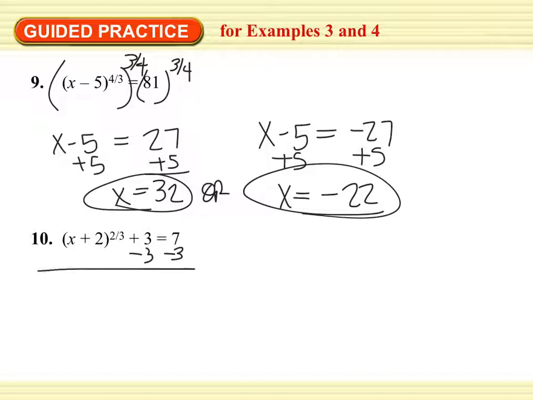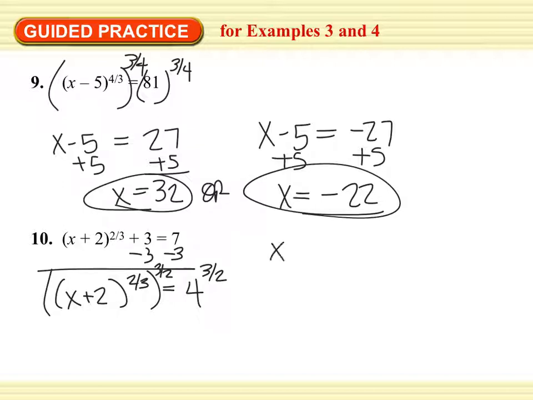Minus 3, x plus 2 to the 2/3 equals 4. This is an odd root, so I'm good to, oh wait, no it isn't. Sorry, I need to raise this to the 3/2. That's an even root because of that half.